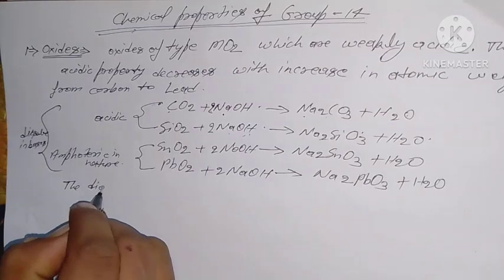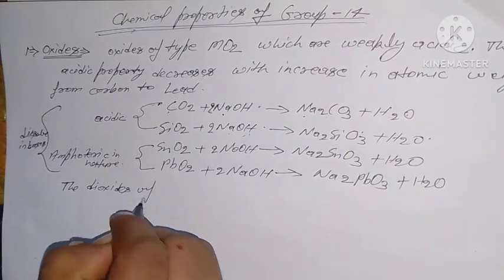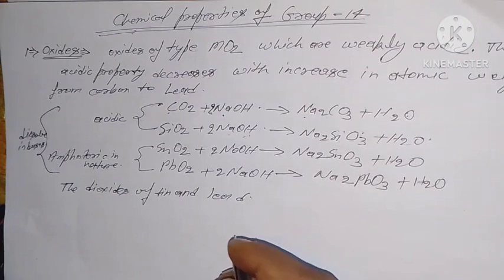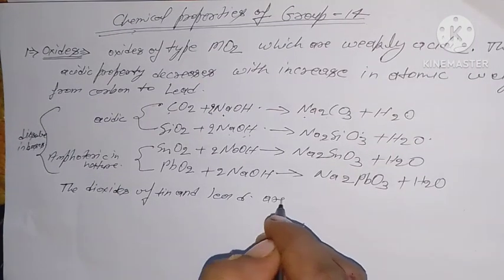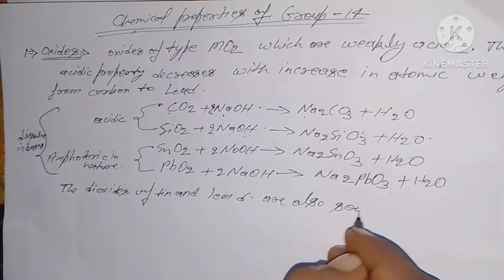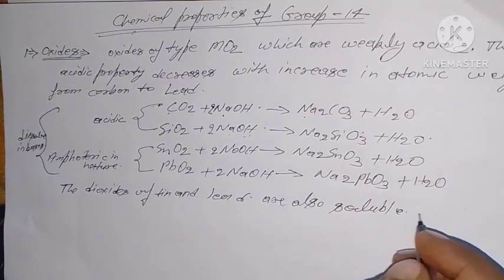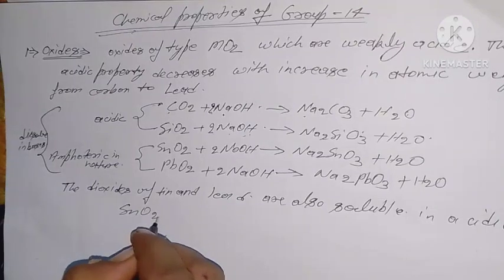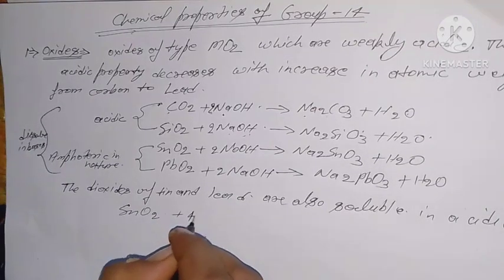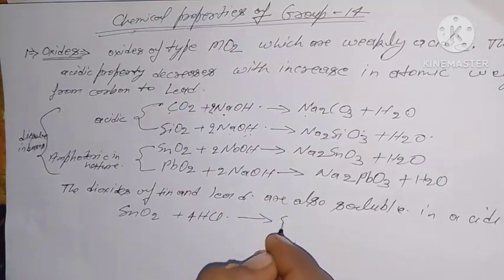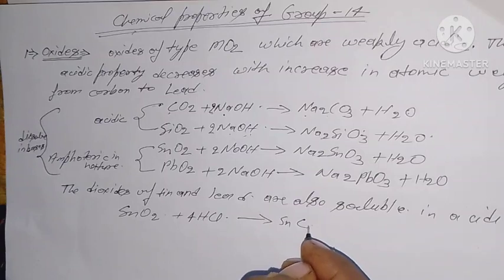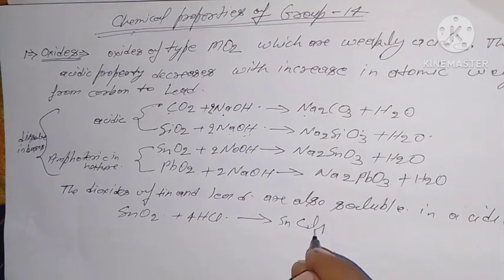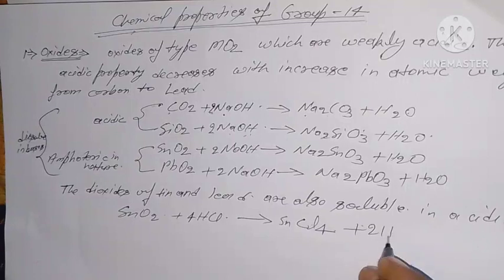The dioxides of tin and lead are also soluble in acids. As an example, SnO2 plus 4HCl, hydrochloric acid, gives tin tetrachloride plus 2H2O.